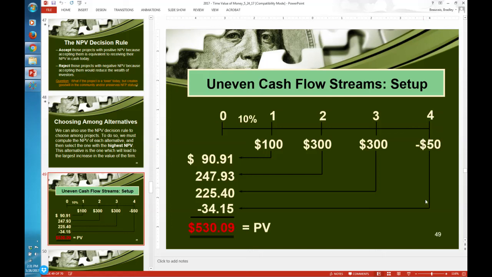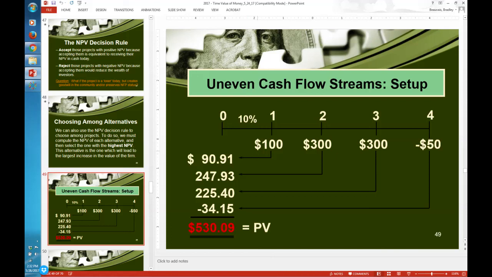But everything is discounted to present value terms to come up with this $530.09. Now that $530 could be thousands, it could be millions, it could be billions. But here we understand the summation of all of those present values across this 4-year time frame and what it means to us today at a 10% discount rate.